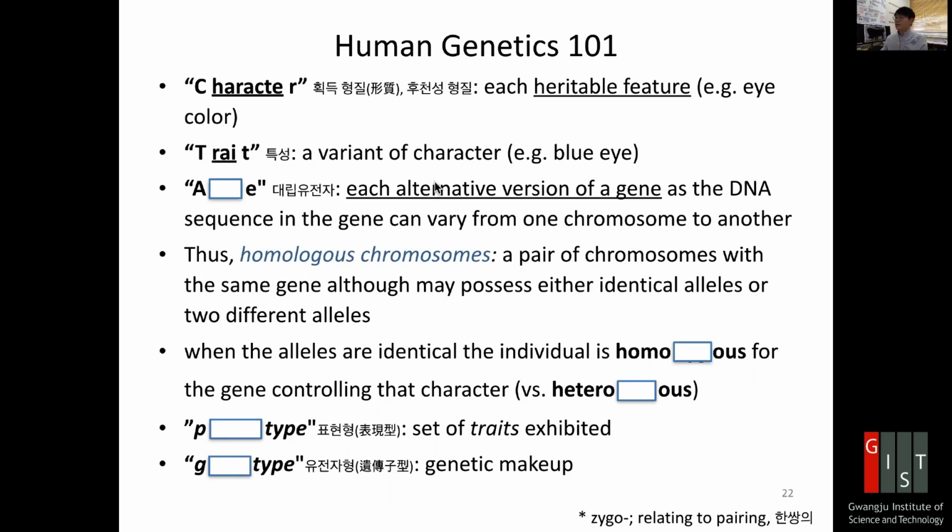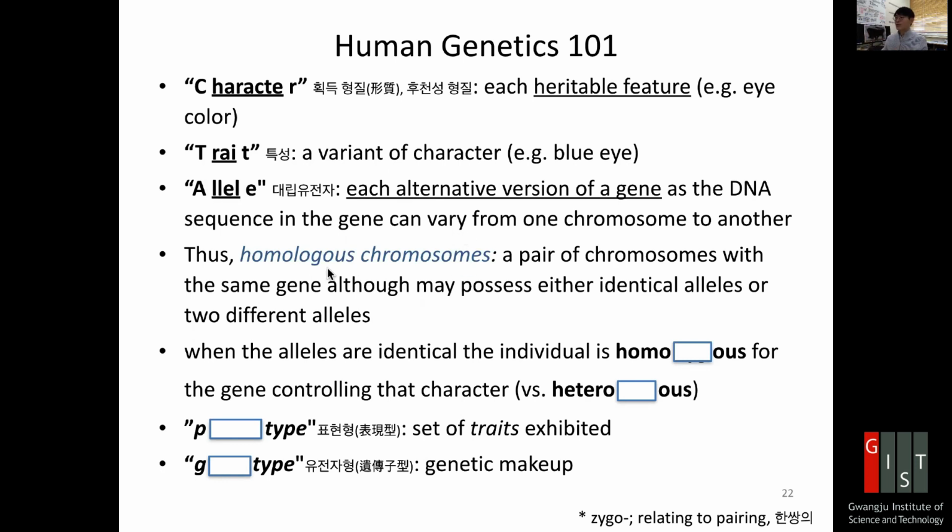Each alternative version of a gene, as the DNA sequence in the gene can vary from one chromosome to another because we have a copy of each chromosome, so the genes can carry the same sequence or different, and each alternative version of this gene we call an allele.